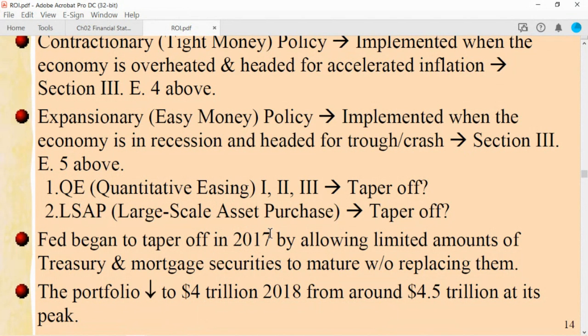Okay. Then think about it. If you buy something, you have to pay, right? If you buy something, you have to pay. So the Federal Reserve pays money to the commercial banks. I mean, they purchased Treasury securities and corporate bonds. Of course, these are high quality corporate bonds.